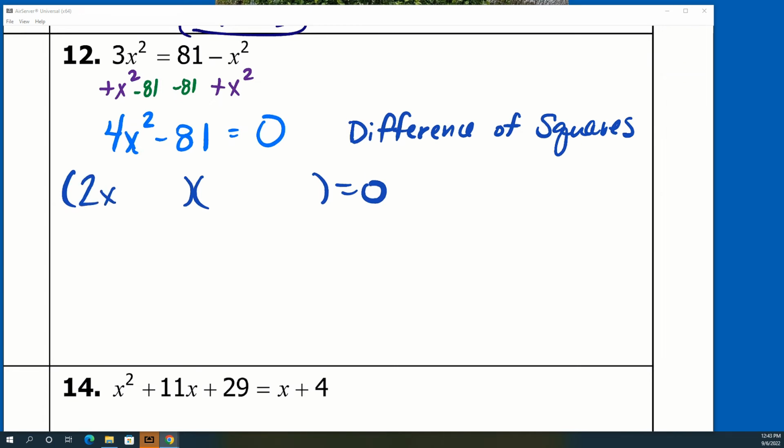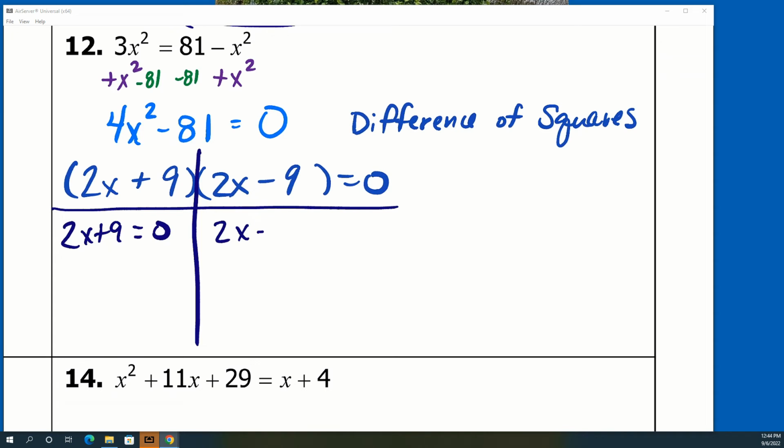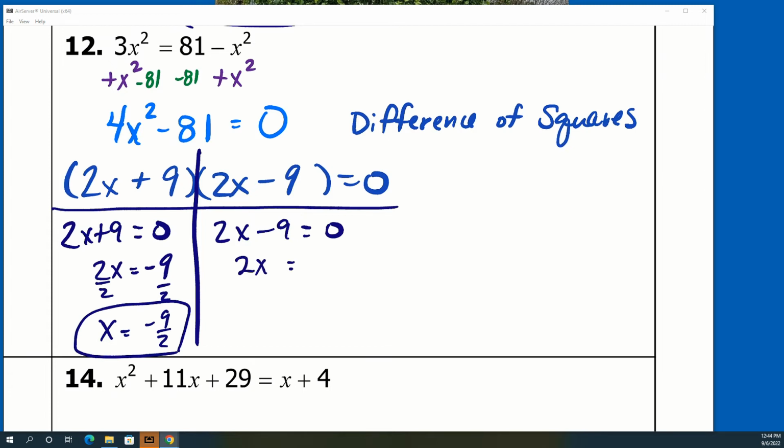So just like we did on the other side, you find each square root and you put one with a plus and you put one with a minus. All right, and then we set each factor equal to 0. And solve for x by adding or subtracting and then dividing.